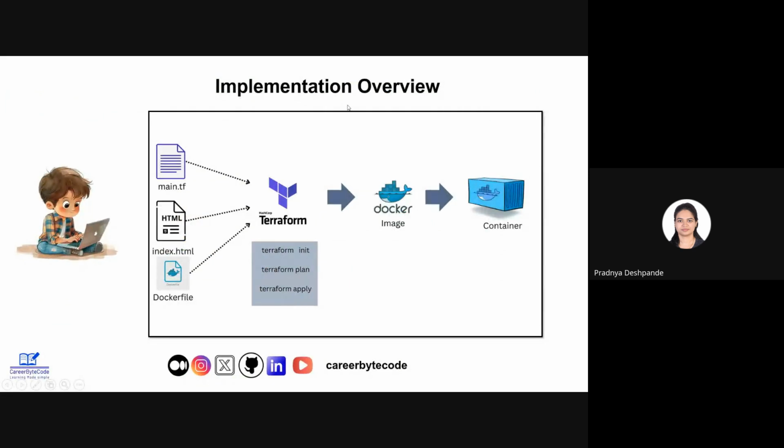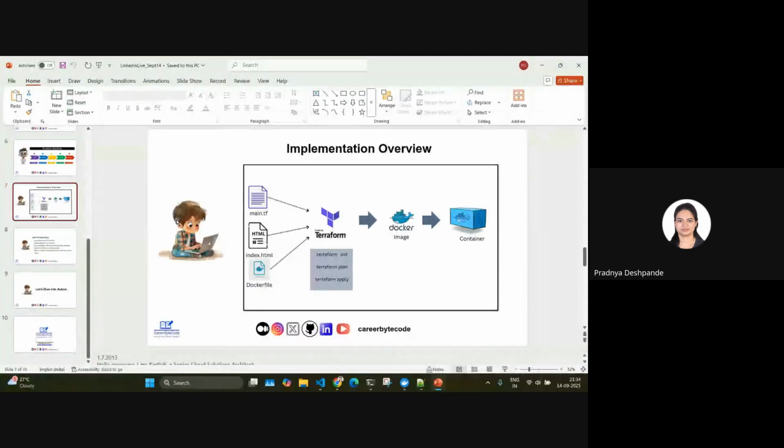In the implementation overview, we have the index.html and a Dockerfile as well. The rest of the things are the same. Let's see what happens in real-time projects, when we do it, at that time we will be using a custom image. That customization we are going to do using this Dockerfile and the index.html.